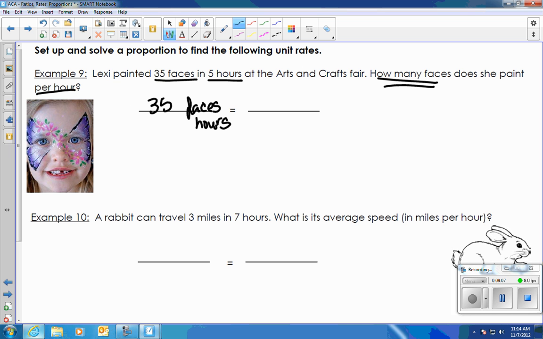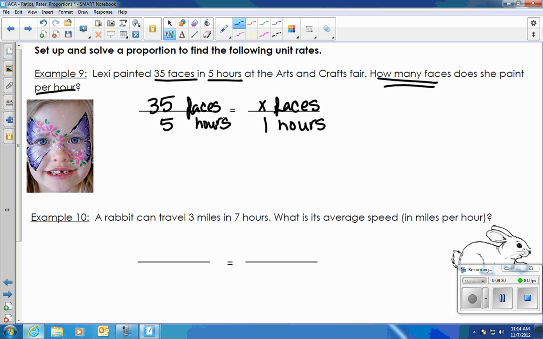So we did 35 faces in 5 hours. However, I want to know how many faces she can do in 1 hour. Notice on the other side, I also put faces on top and hours on bottom. That's because it's faces per hour.